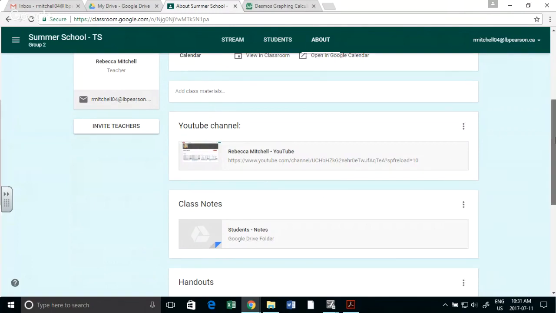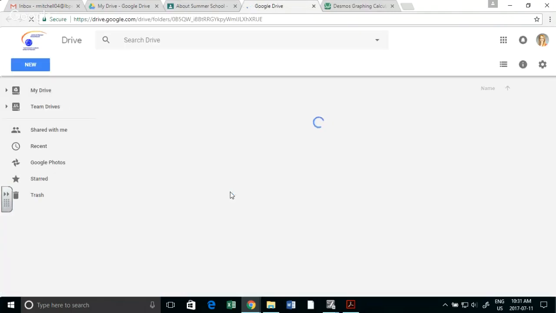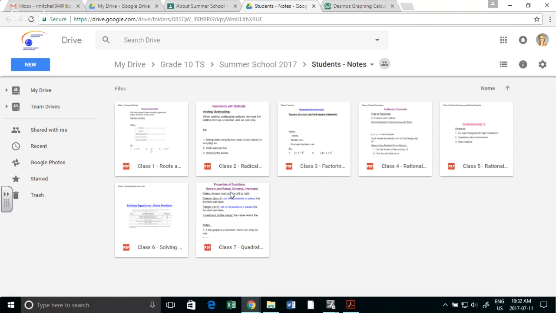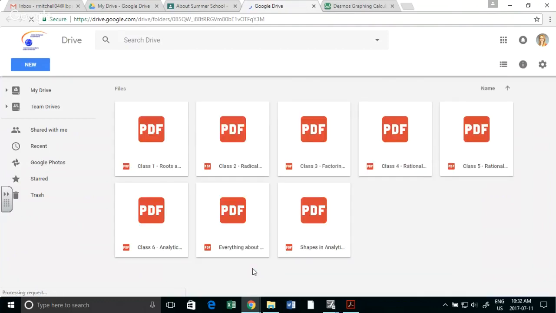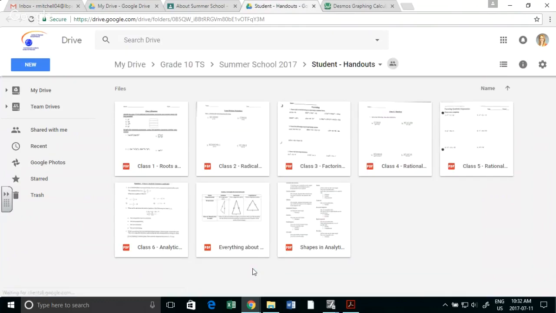If you click on class notes, it's the shared drive. I've uploaded all the different class notes, the PDFs, so you don't have to go searching for them if you're missing something. Even the ones from today are there. Handouts. All the handouts are there, including the shapes and extra handouts I sent you.